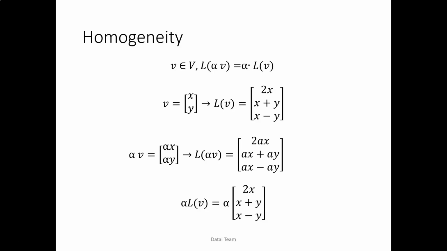So we transform X and Y, we get 2X, then X plus Y, X minus Y, and this is multiplied with the scalar alpha, and when we distribute the alpha, we will get the same answer. And this is homogeneous. So our transformation is a linear transformation.